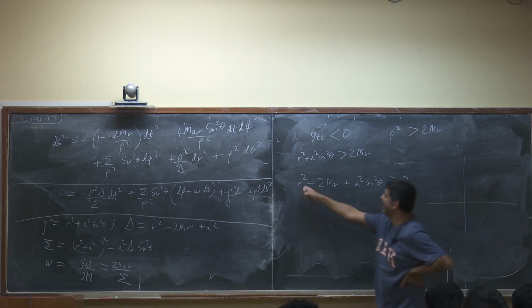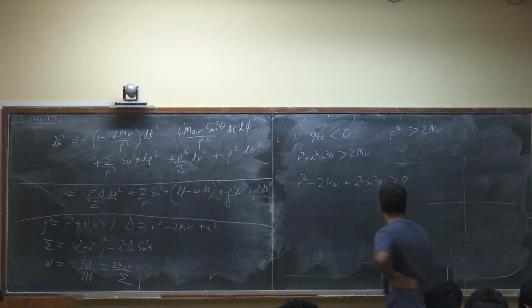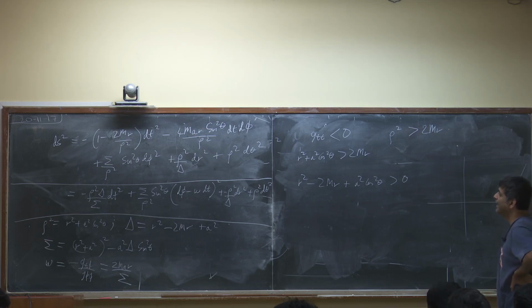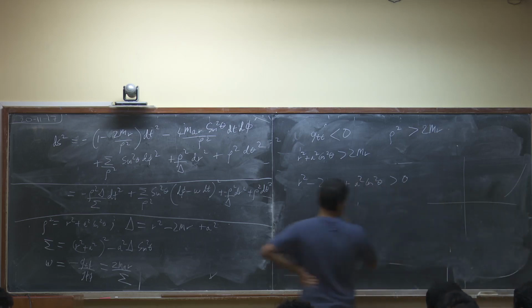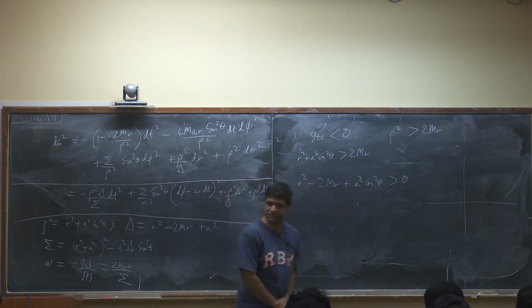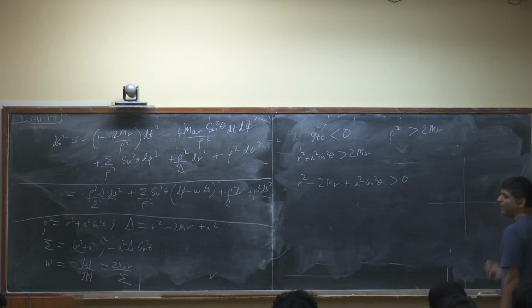Suppose r is very large. Clearly it's positive. As r increases, this function increases. On the other hand, if r is very small, once again you have something positive. So now we have two choices.